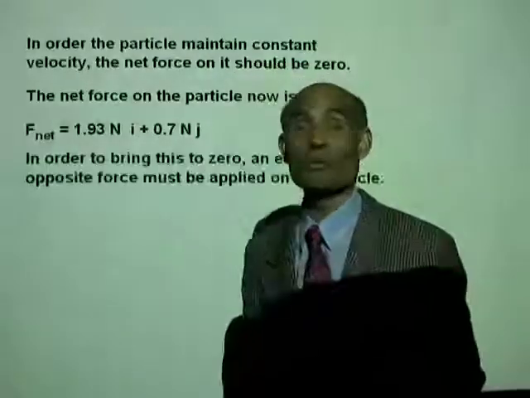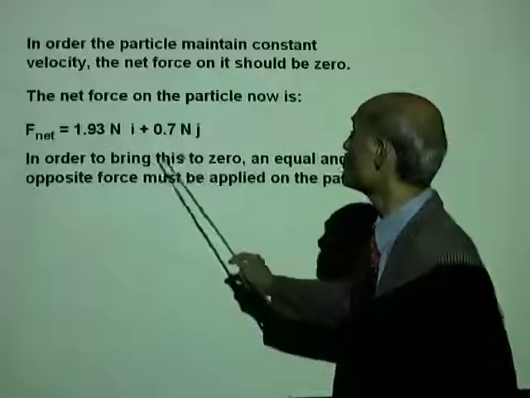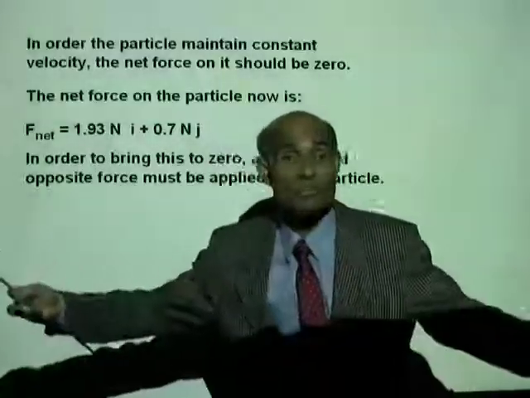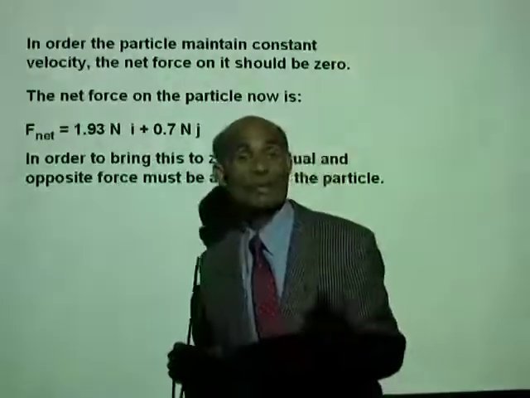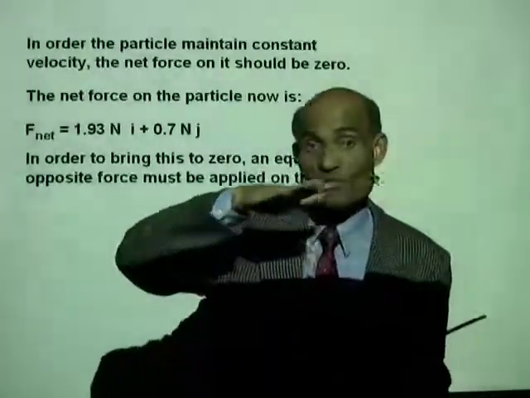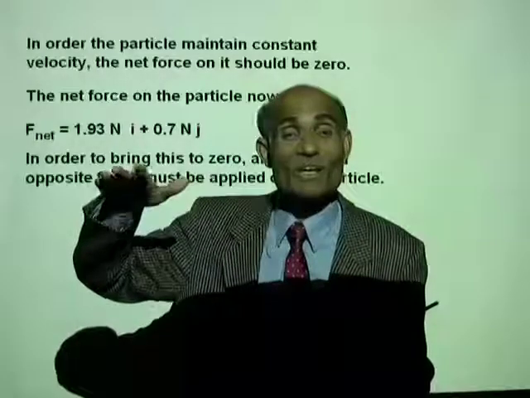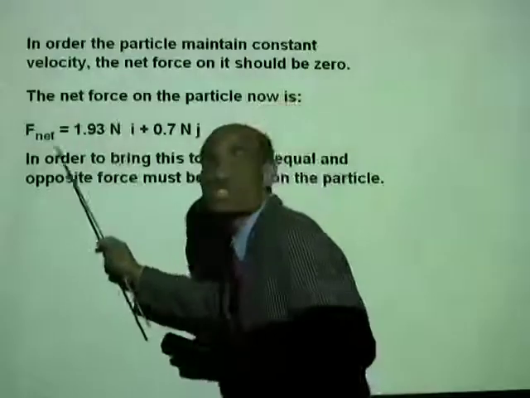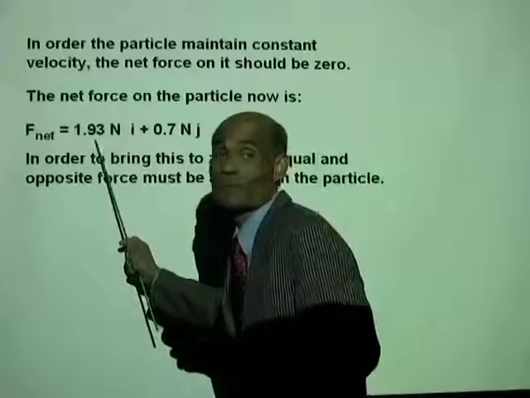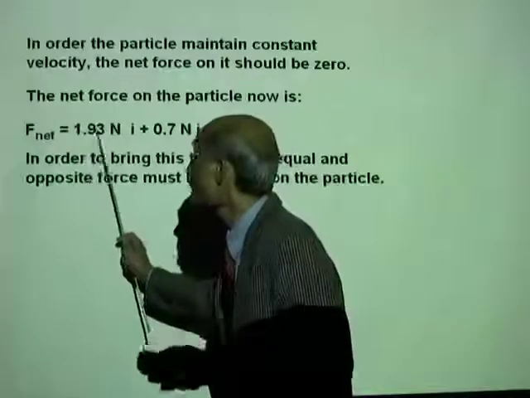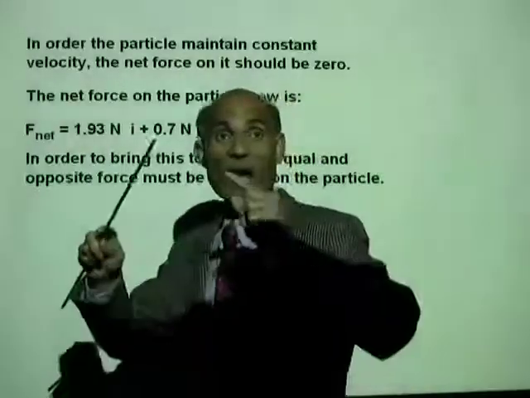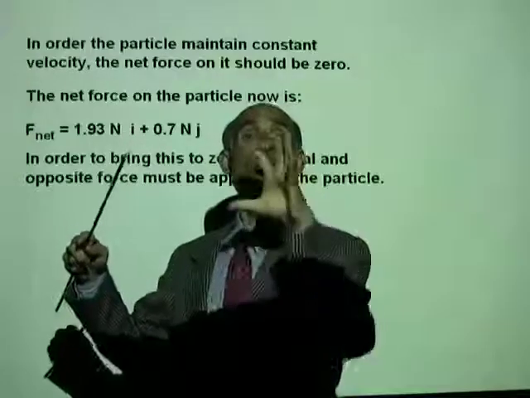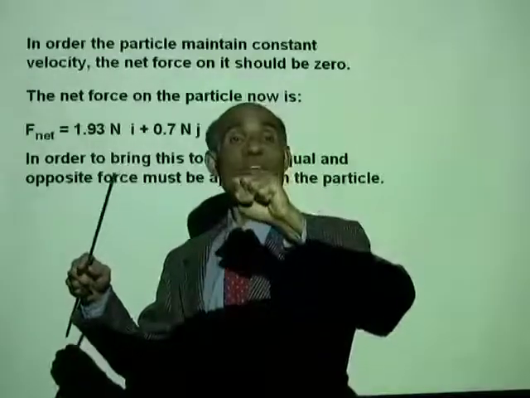Now what will be that force? In order to bring this to zero, in other words, you need to bring the net force to zero. Is that right? The only way to keep the object moving with a constant velocity is to keep the net force zero. Now how would you make this net force zero? Well, it's very simple. If there is a 1.93 Newton I, then apply a negative 1.93 Newton I will nullify the X force.